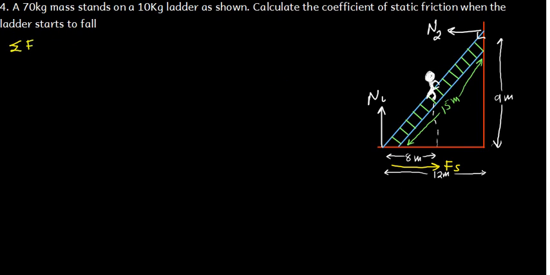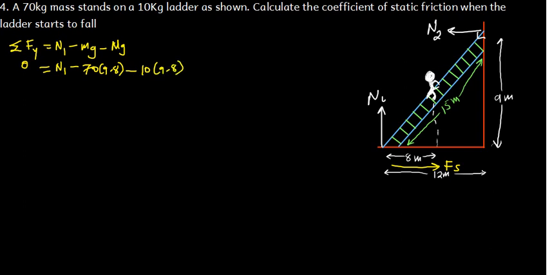The upward force supporting the ladder is N1. The downward forces, we have mg and capital Mg, because we have two downward forces from the man and also from the ladder. Of course, the net force is supposed to be equal to 0. N1 minus the mass of the man, which is 70 multiplied by 9.8, and the mass of the ladder is 10 multiplied by 9.8.